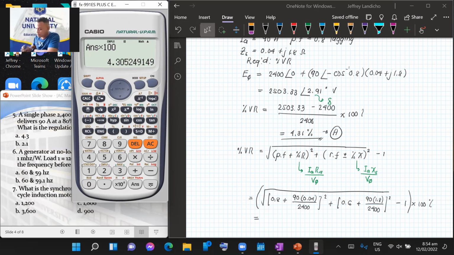The answer would also be 4.31%. The difference is that percent R is IA times RA over E per phase, and percent X is IA times synchronous reactance over E per phase. You can use this directly so you do not need to compute E per phase.